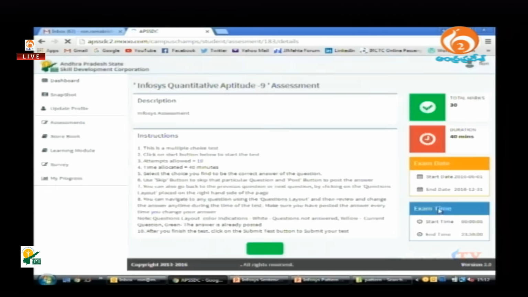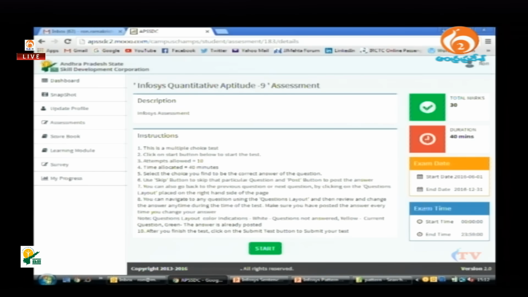So I go to any random assessment. It shows 30 questions and 40 minutes is the time. It has the start date and the end date. So you can take this test 24/7, anytime you feel like, anytime you want.